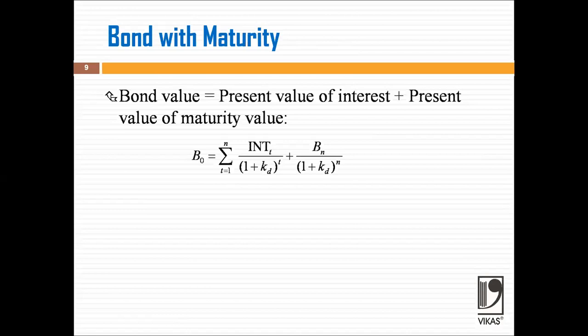If you buy a 10 year bond today, you will get interest at the end of every year for the next 10 years, plus the present value of the maturity value. So when will you get the maturity value from that bond, if it matures after 10 years?